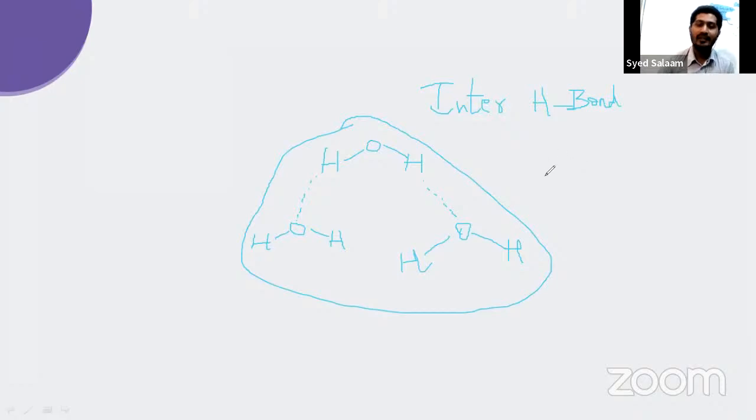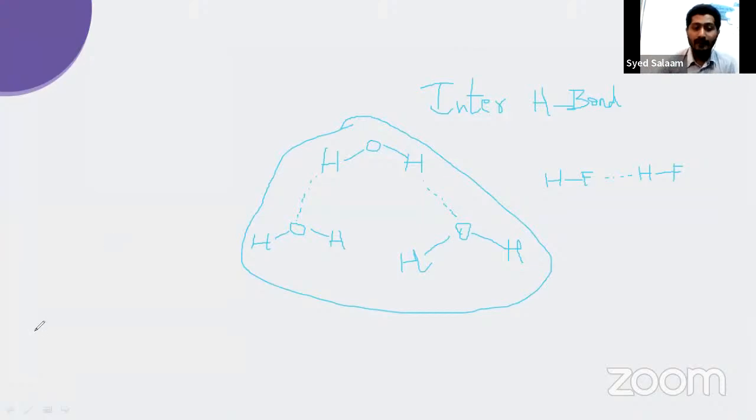You can see that in HF, hydrogen fluoride, a similar sort of hydrogen bonding is seen. It also gets attached with another molecule. Even hydrogen fluoride is in liquid state due to this hydrogen bonding effect. So this hydrogen bonding is very important for molecules to have a specific type of state.